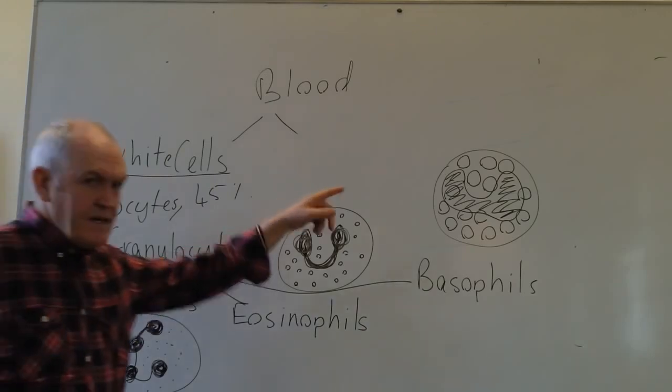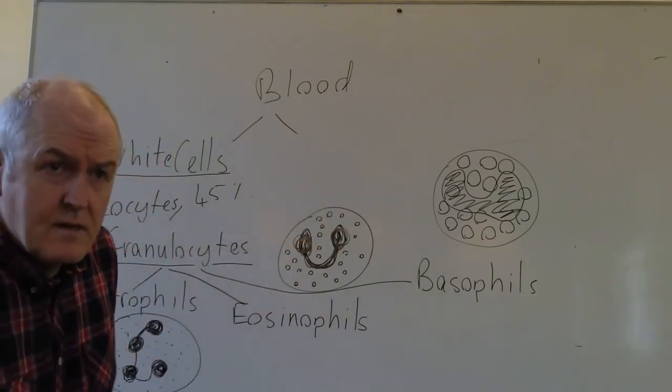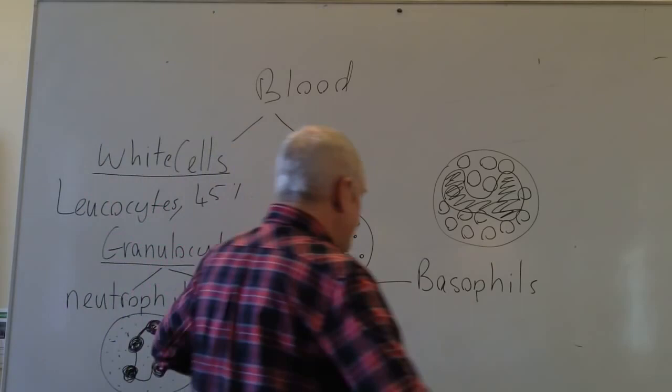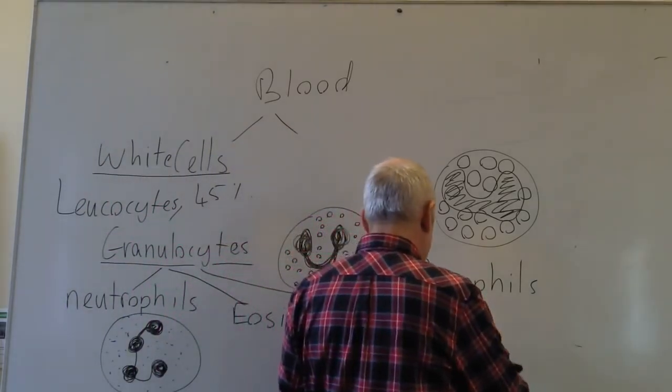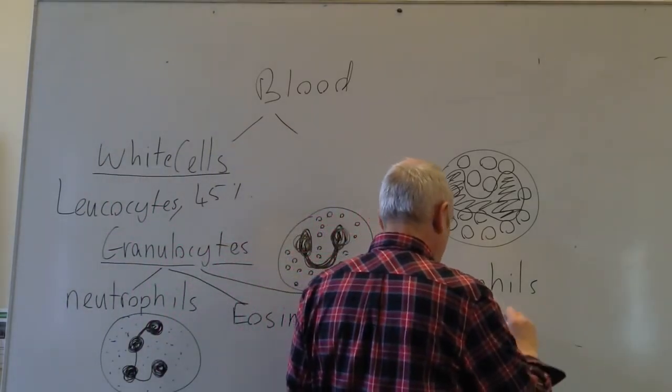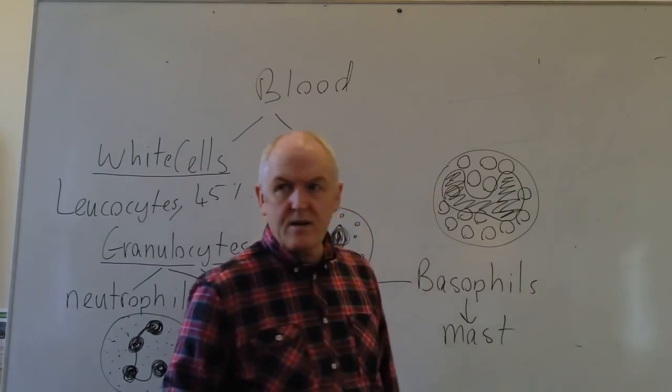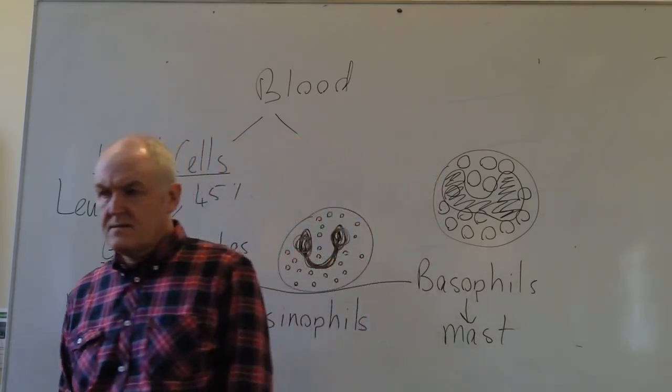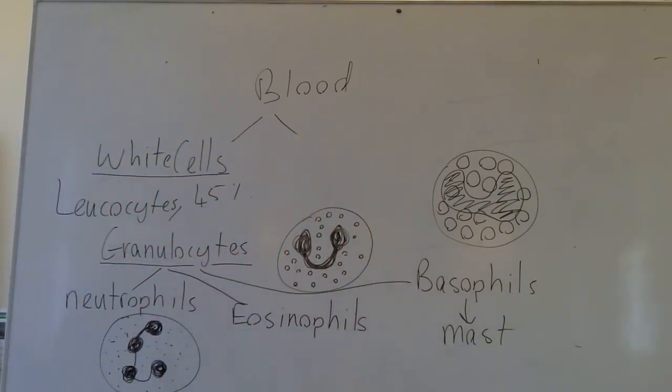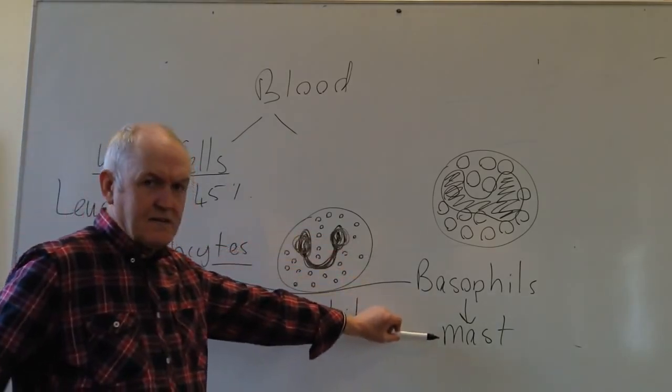Now you don't get many basophils in the blood, but what the basophils do is they migrate into the tissues. And in the tissues they're called mast cells.